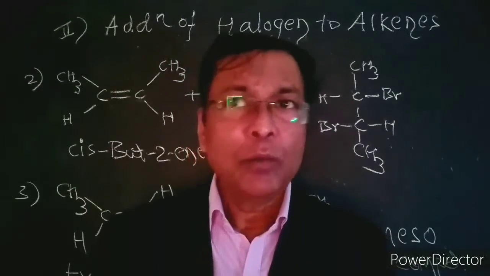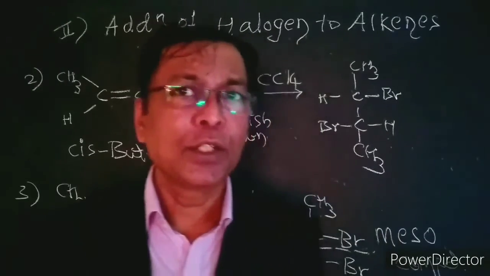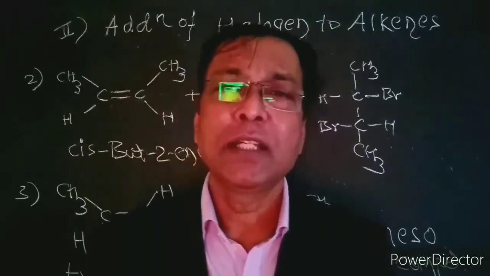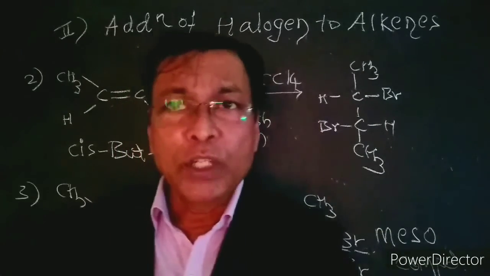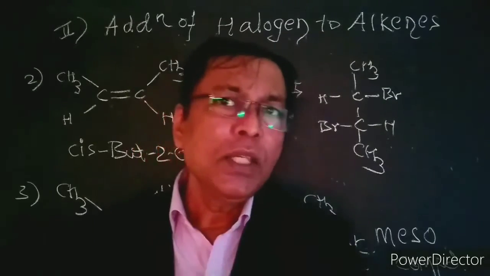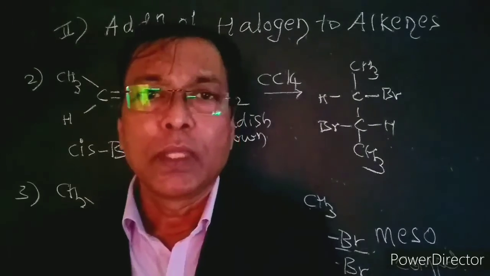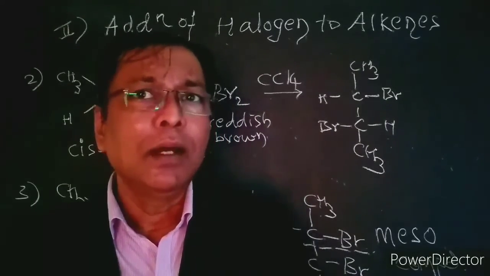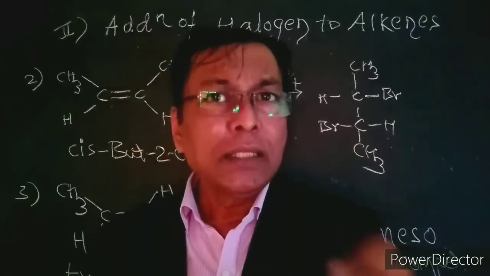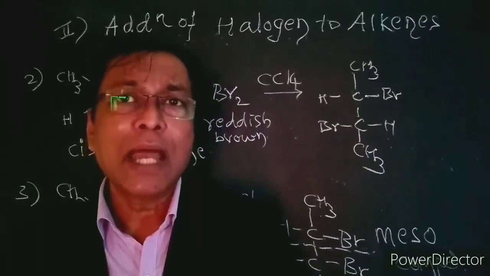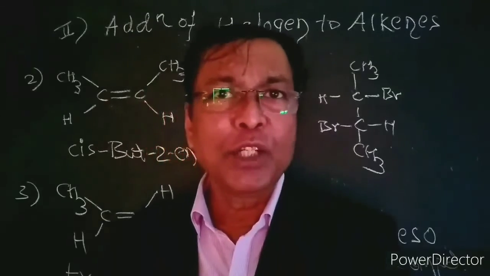Now let us learn the bromine water test to detect the presence of a carbon-carbon double bond and a carbon-carbon triple bond. What is the bromine water test? Addition of bromine in CCl4, that is carbon tetrachloride, to alkenes or alkynes results in the discharge or disappearance of the reddish brown color of the bromine, indicating the presence of unsaturation in the molecule.